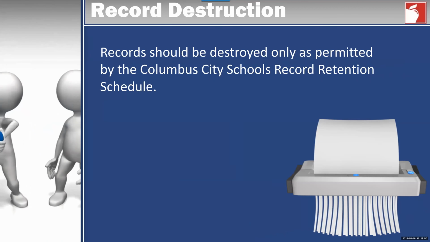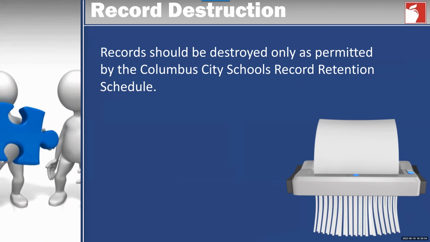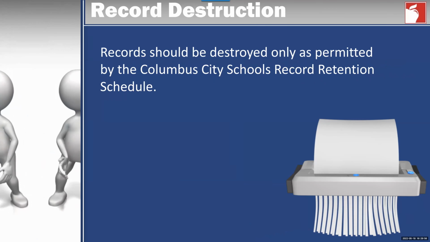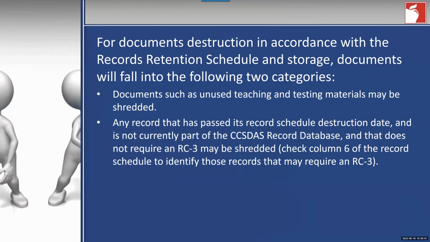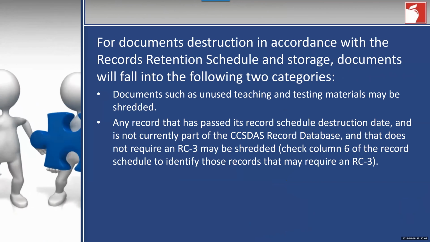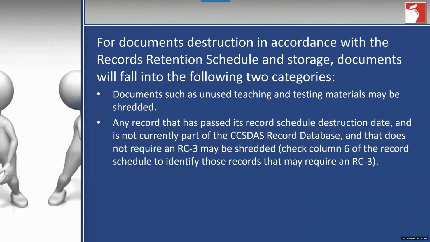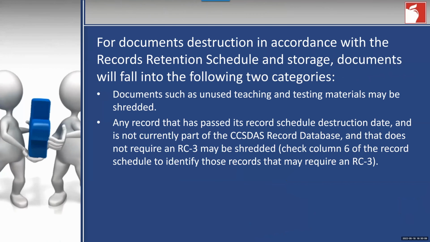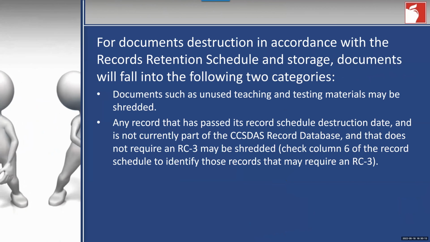Records that can be destroyed. When we get to this point, there are a couple different types. We should only be destroying at this point unused teaching materials and unused testing materials. There are also records that have passed their scheduled destruction date.